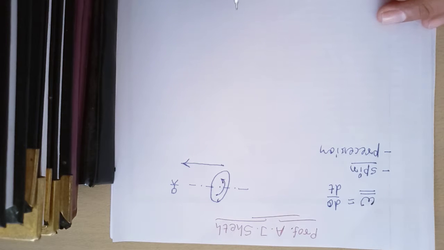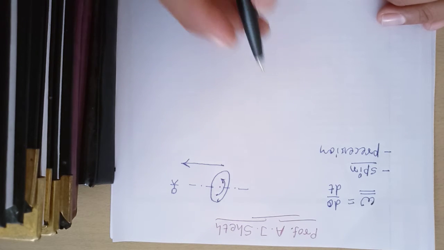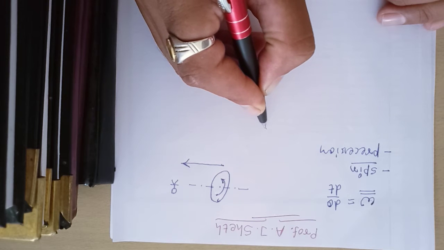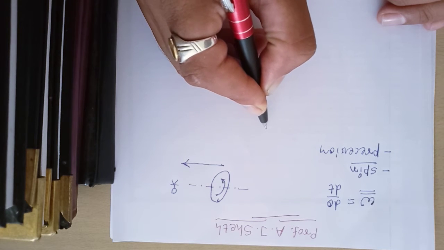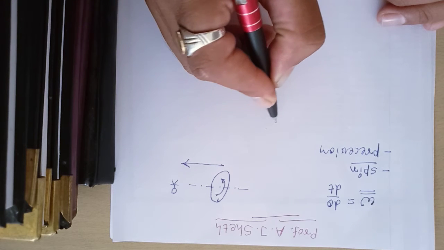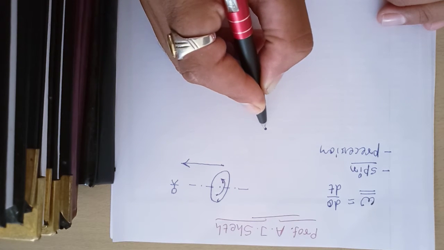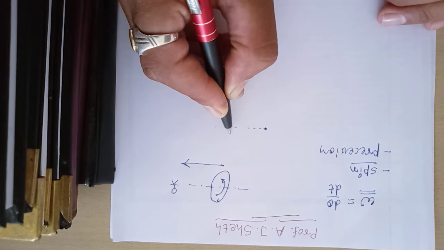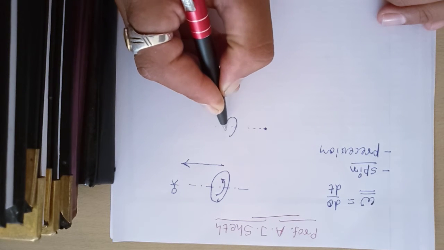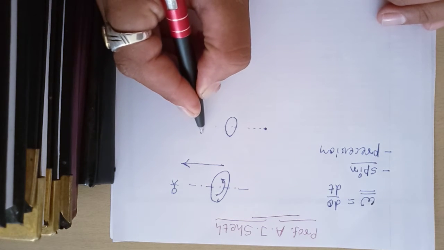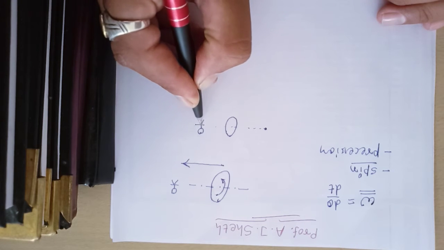For that, let me take an example of a circular body. This is the center. The circular body is rotating here, and being an observer, I am observing from here.